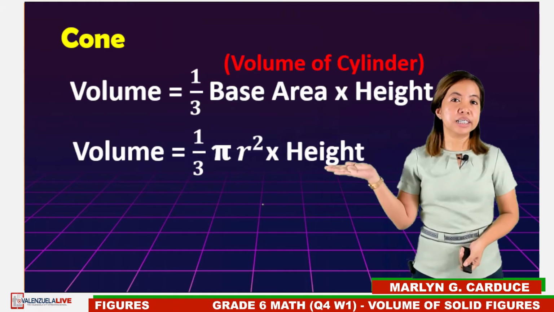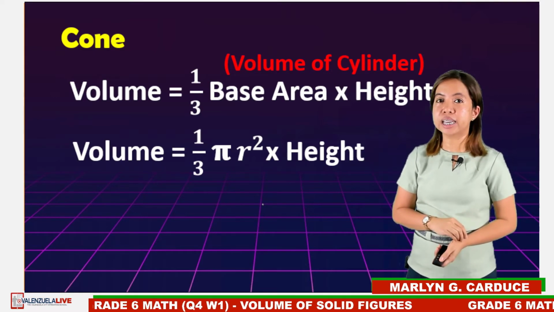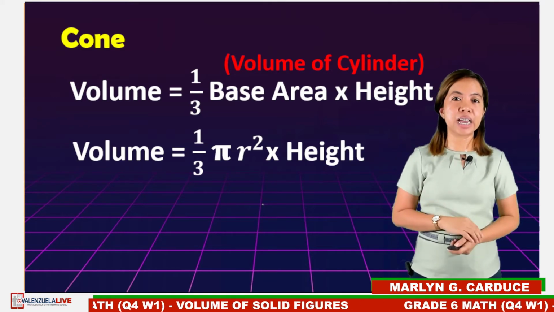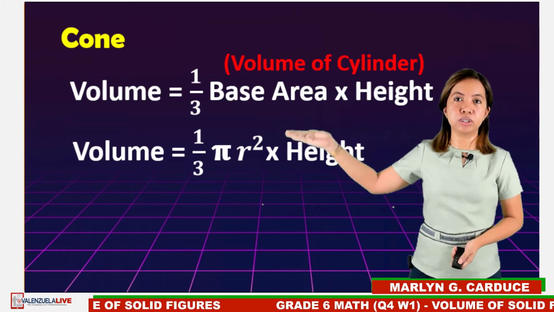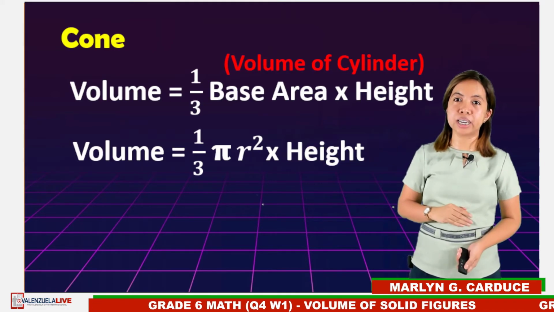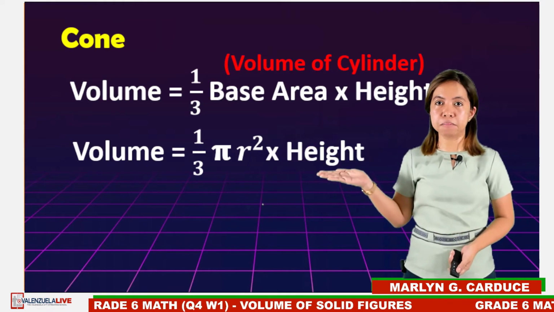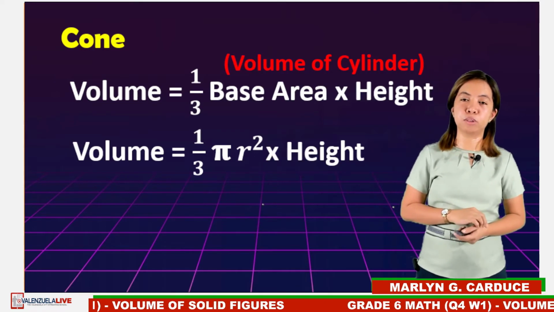So take note again, class, that a cylinder has a circular base. So meaning to say, to solve for the base area, we will use the formula pi r squared and then multiply it by the height. And again, multiply it by 1/3 to get the volume of the cone.